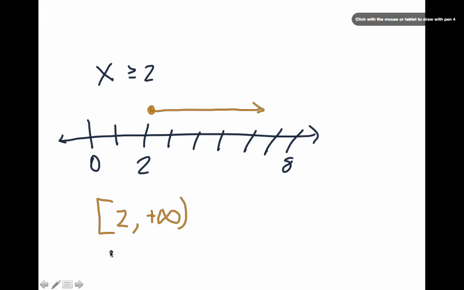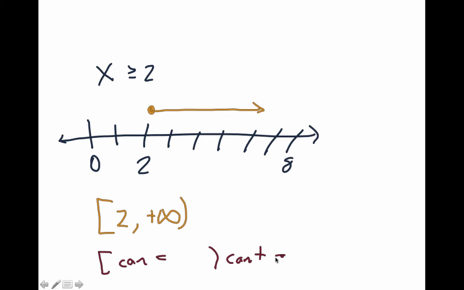The bracket means can equal, and the parenthesis means can't equal. Cool?